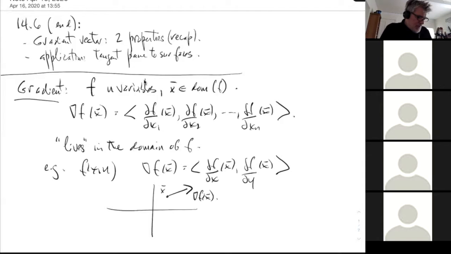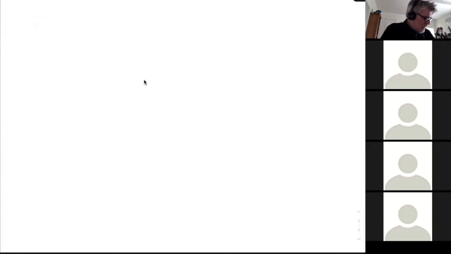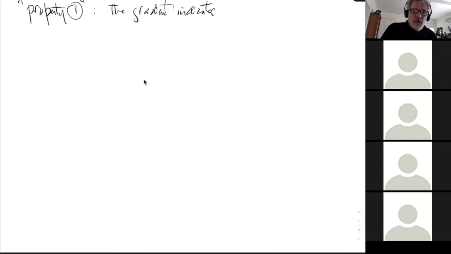So the first property we saw tells you which direction the gradient is pointing in, and it is the following. Fundamental property number one is that the gradient points in the direction of maximum rate of change.